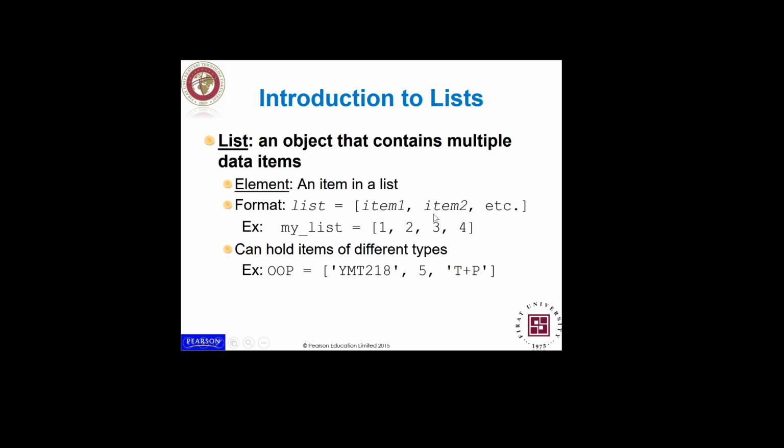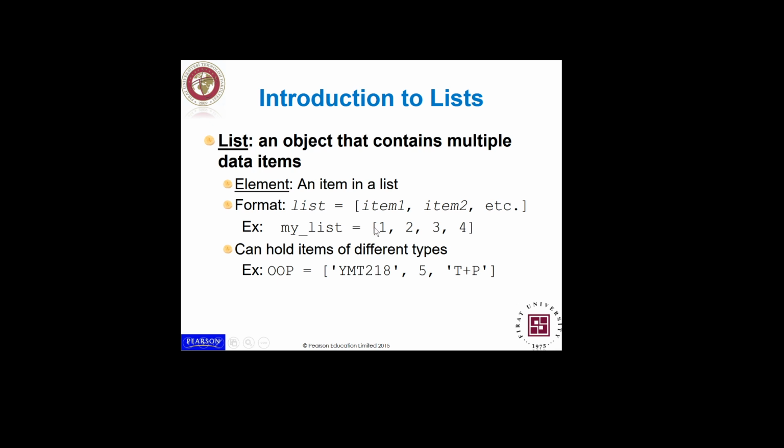So you can have as many elements as you like, or as your problem requires. And once you're done, you just close the bracket. So we have these brackets that allow us to create a list, like this example.